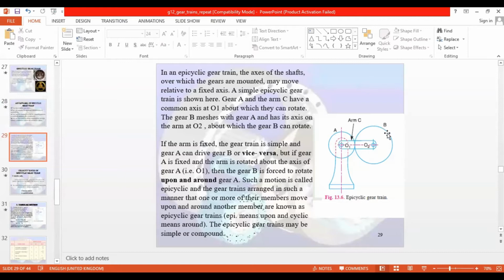Either A can move or B can move, or sometimes C can move. They can move relative to a fixed axis.